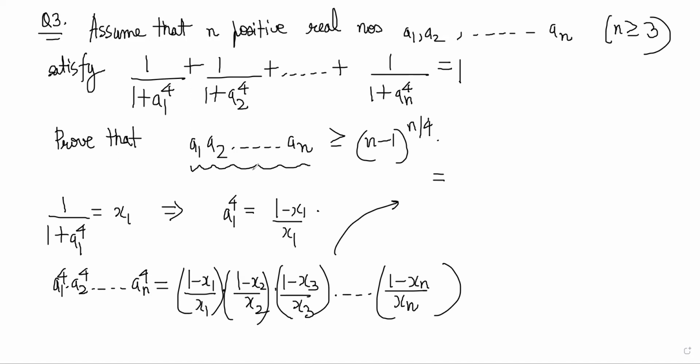okay, I have missed writing this condition. I think we have x1 plus x2 plus till xn is equal to 1. We had this condition. Is x1 plus x2 plus till xn equal to 1?